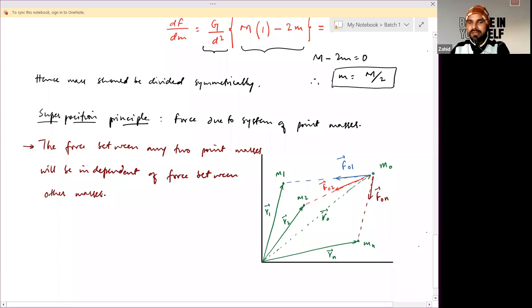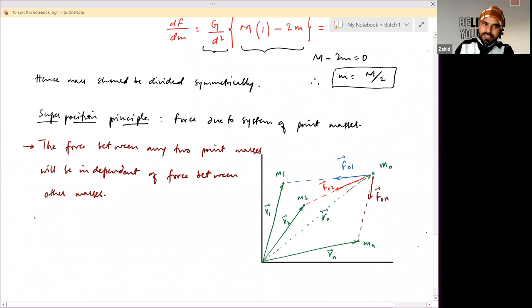It means F01 will have no impact on other forces. Similarly, F02 will have no impact on other forces. Each interaction will always be unique between these two masses.